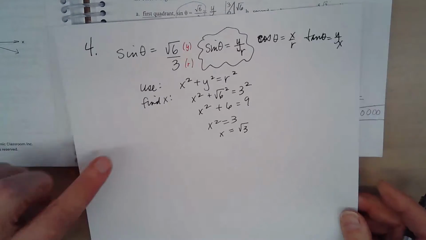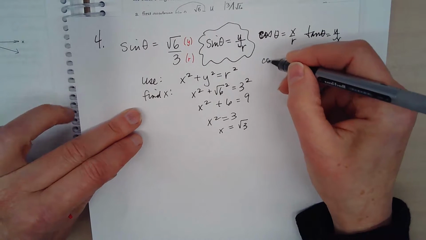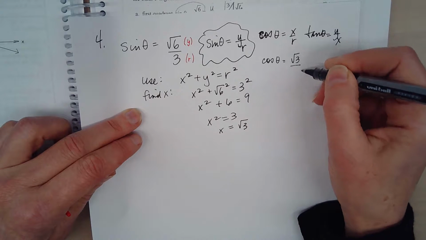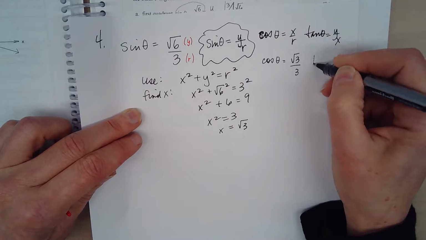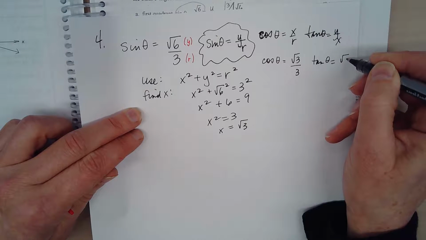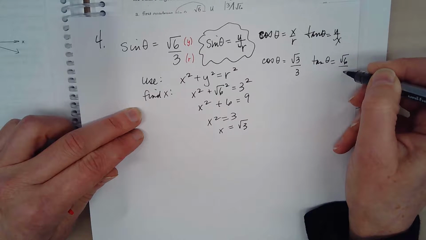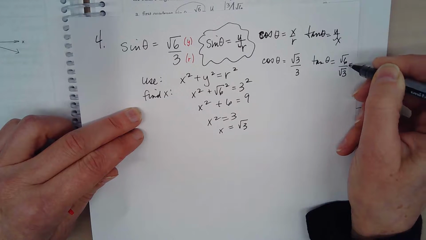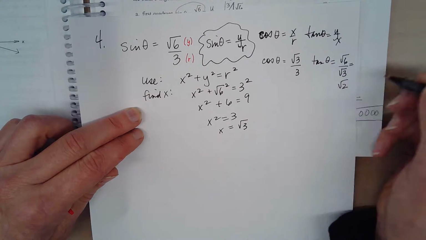Then I have all my 3 ratios. So then cos of the angle equals root 3 over 3. Tan of the angle equals root 6 over root 3, or root 2, right?